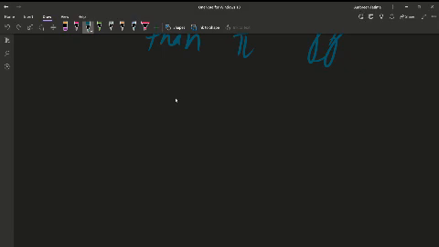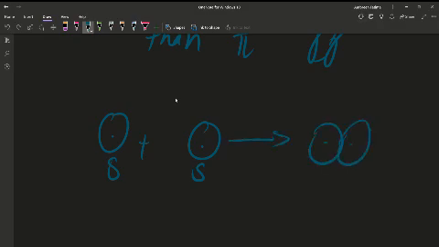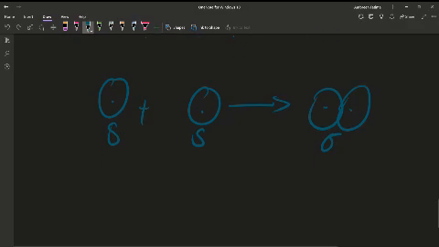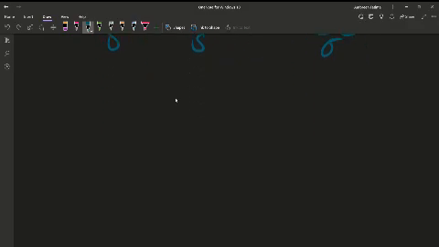For example, s orbital to s orbital formation is just like that, okay. This is a sigma bond. And p orbital, for example, px to px orbital, this also forms a sigma bond.